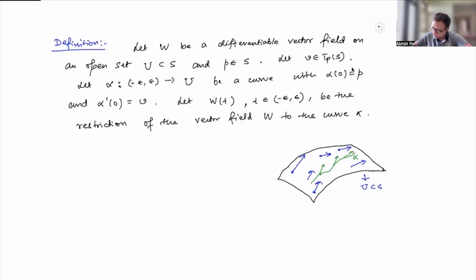So this is W restricted to alpha. In short, it is W(t). So these vectors are my W(t).